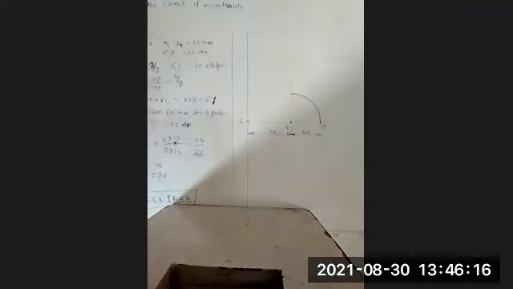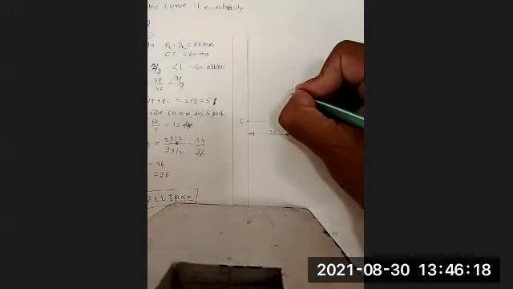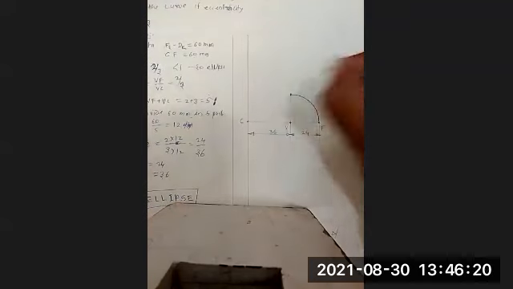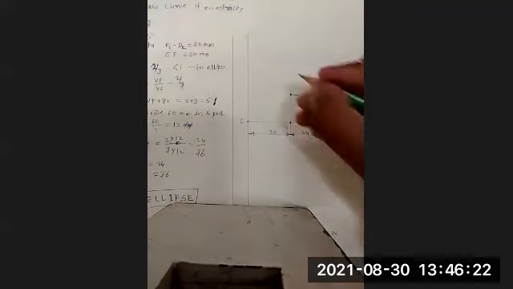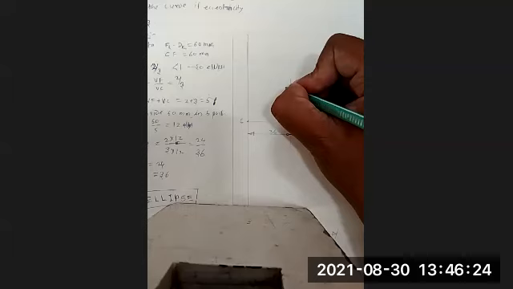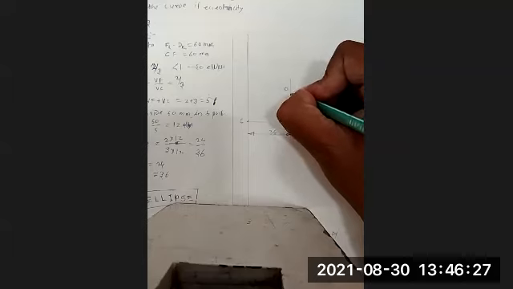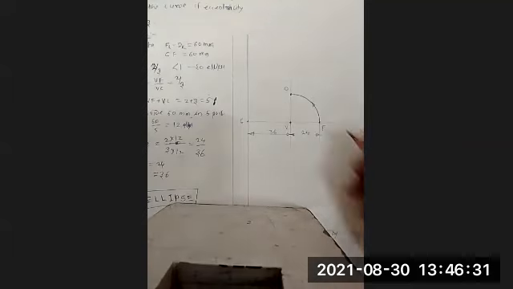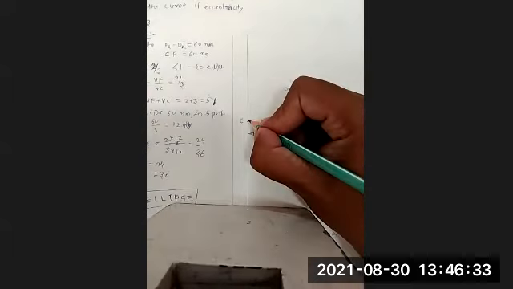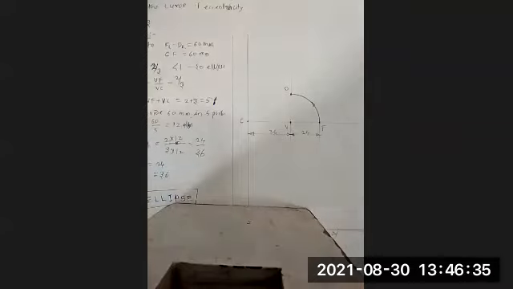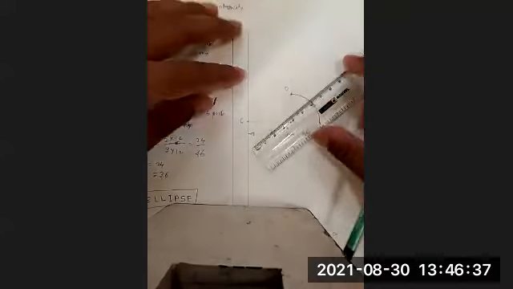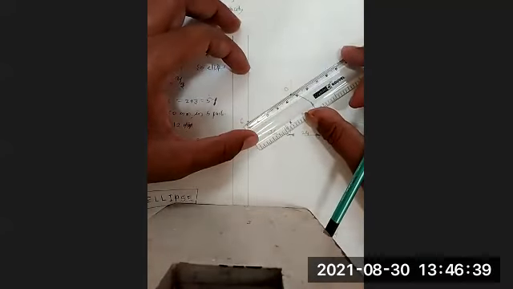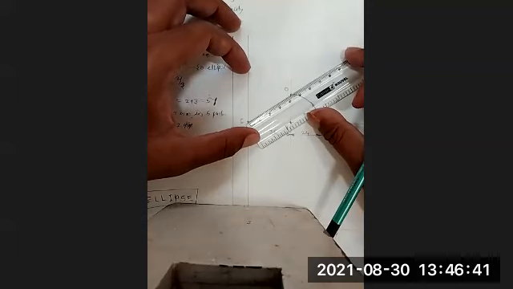Now you will get the point here. I will name this point O. Then connect C and point O.